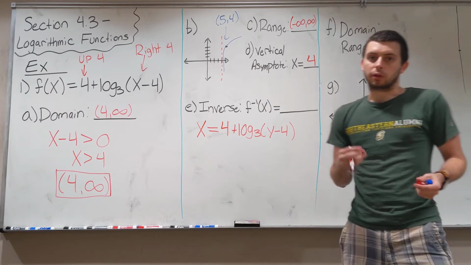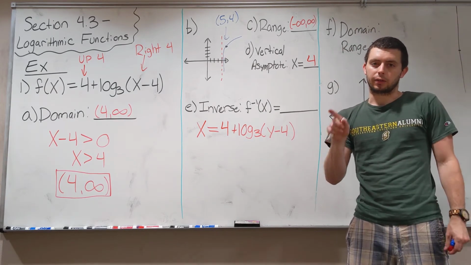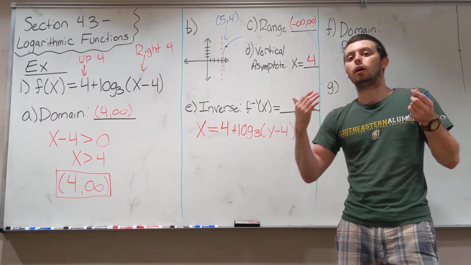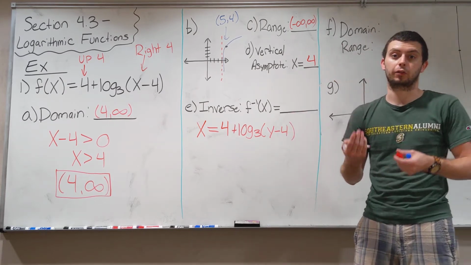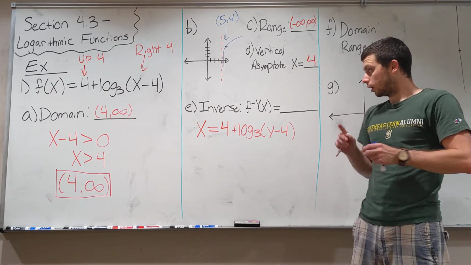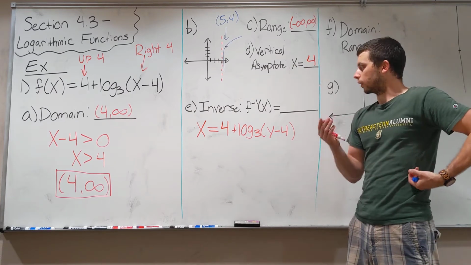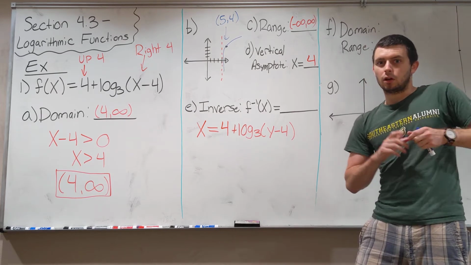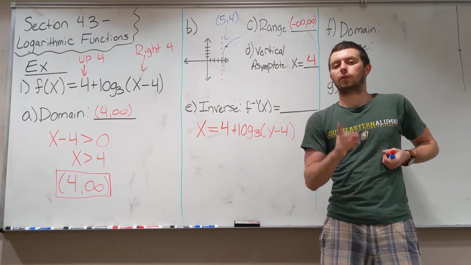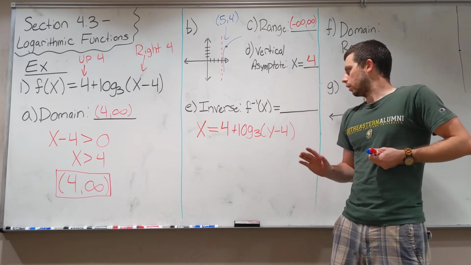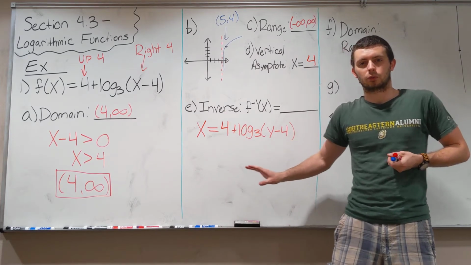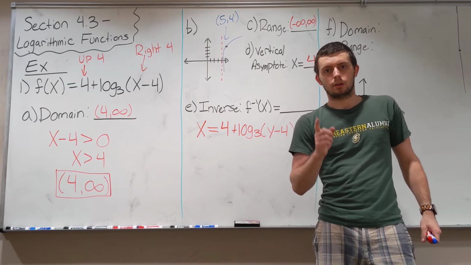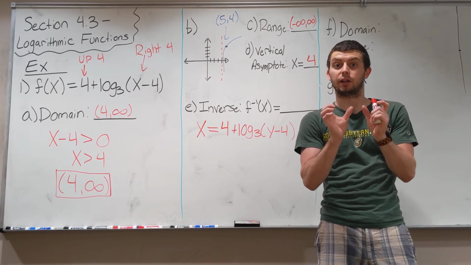Now, I want to utilize that loop method, the windmill method, which allows us to turn logarithmic functions into exponential ones. However, there's a few things we have to modify. For the windmill method to work, and we haven't seen this so far in these examples, the logarithm needs to be by itself.